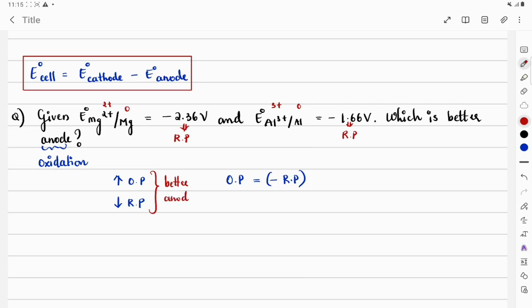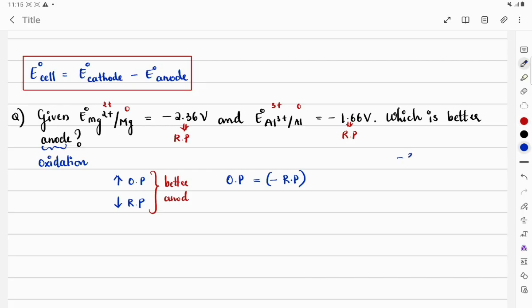Since we have the reduction potentials of both magnesium and aluminium, now we can just choose the smaller value among these. By considering the convention of the negative sign, we know that the one with higher magnitude carrying a negative sign will be a smaller value than one with smaller magnitude carrying a negative sign. Okay, so that's a basic thing.